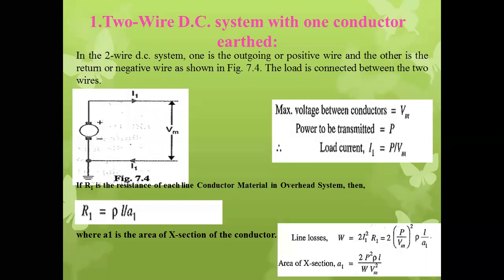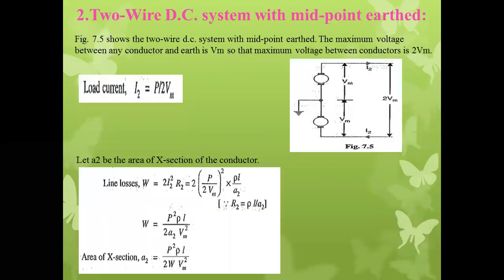Okay, so last class we have seen the two wire DC system with one conductor earth and the two wire DC system with midpoint earth.